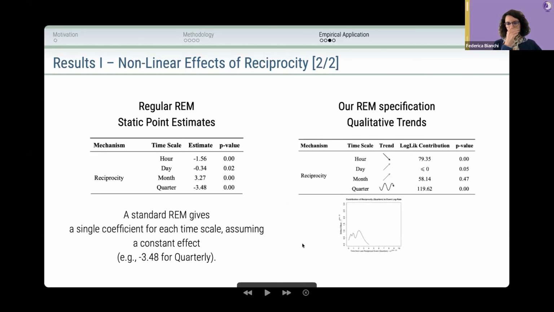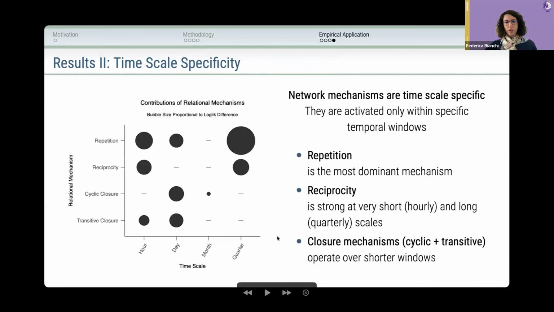And in contrast to the traditional relational event model, instead of point estimates associated with the mechanism of interest, we have functions telling us how the effects evolve over time and across which temporal time scale they evolve.